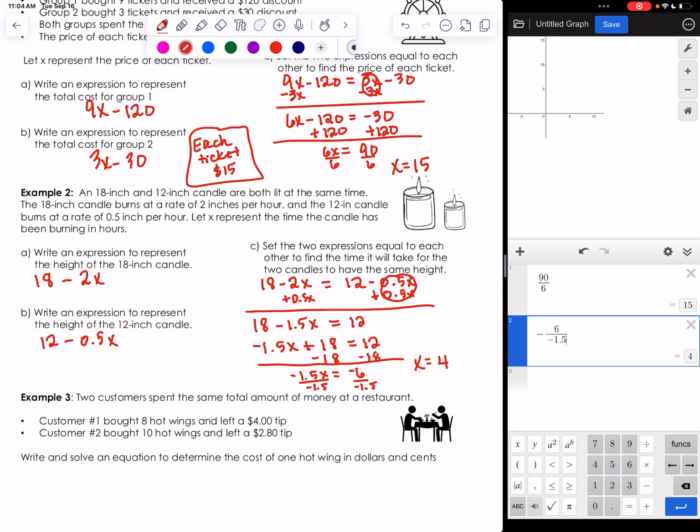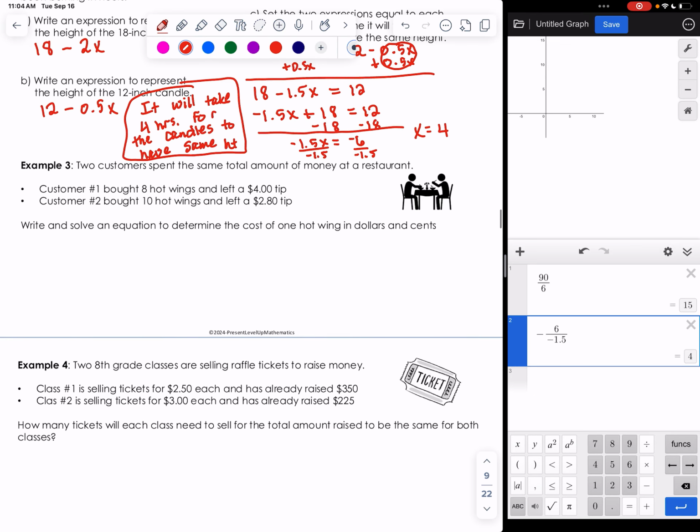So it will take 4 hours for the candles to have the same height. It will take 4 hours for the 2 candles to have the same height.